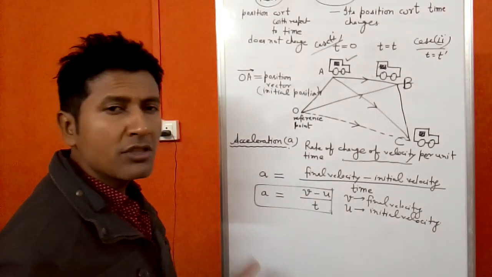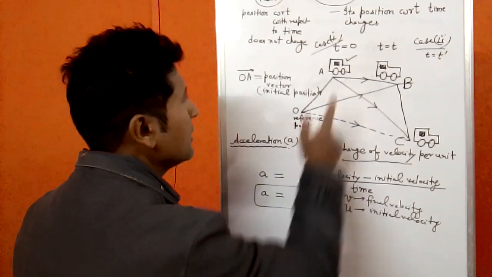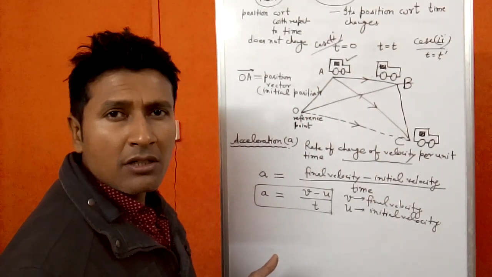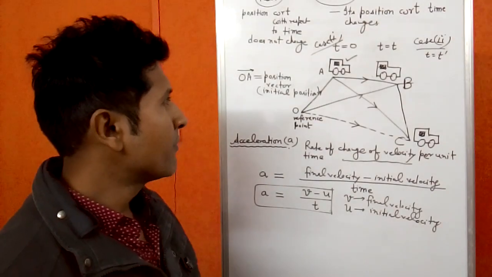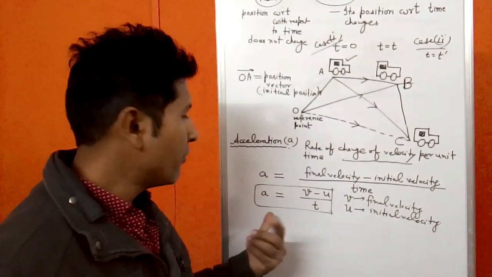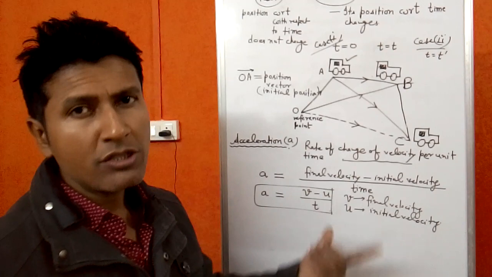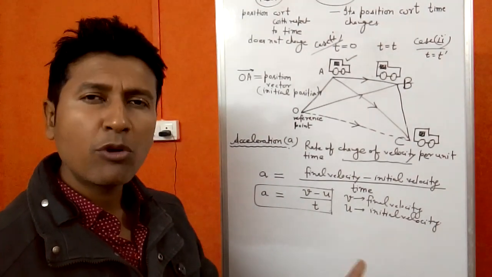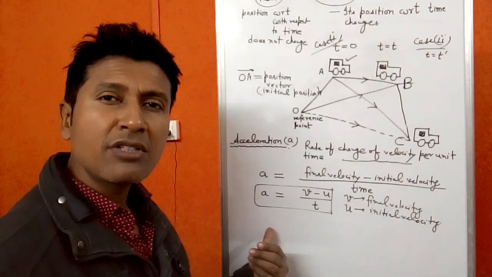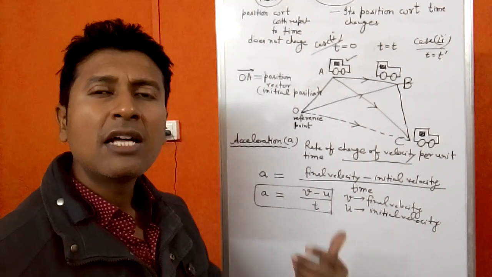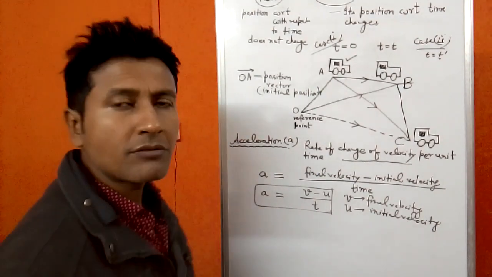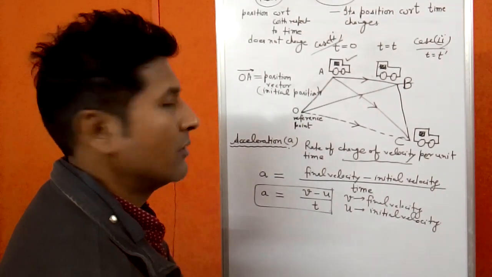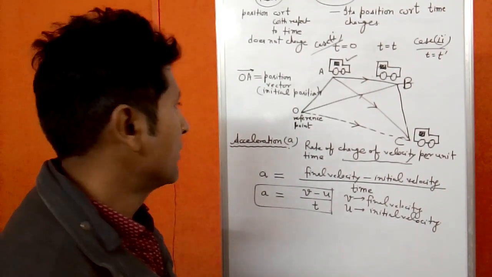These values may differ, or it may also be possible that the value of acceleration is constant. Then we can say the body moves with a constant acceleration, right?